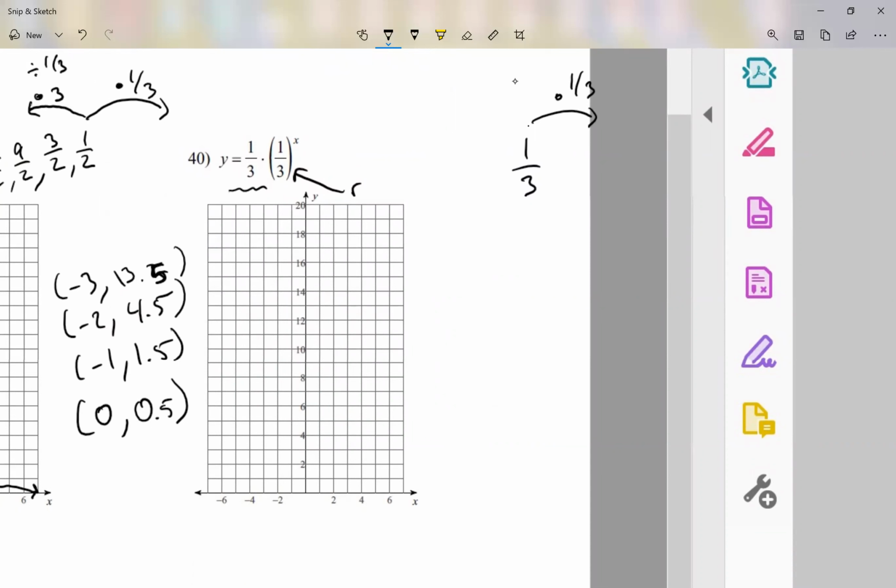If I want to go backwards, I have to divide by 1/3, which is also same thing as multiplying by 3. When you divide by a fraction, you multiply by the reciprocal. So I'm gonna go backwards instead. 1/3 times 3 is 3/3, which is better known as 1, times 3, times 3. And then I could even go times 3.